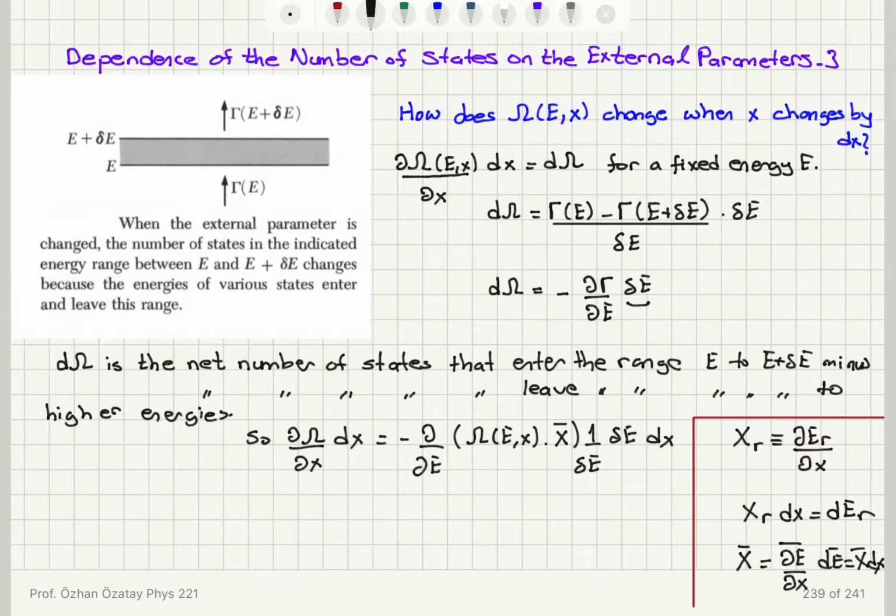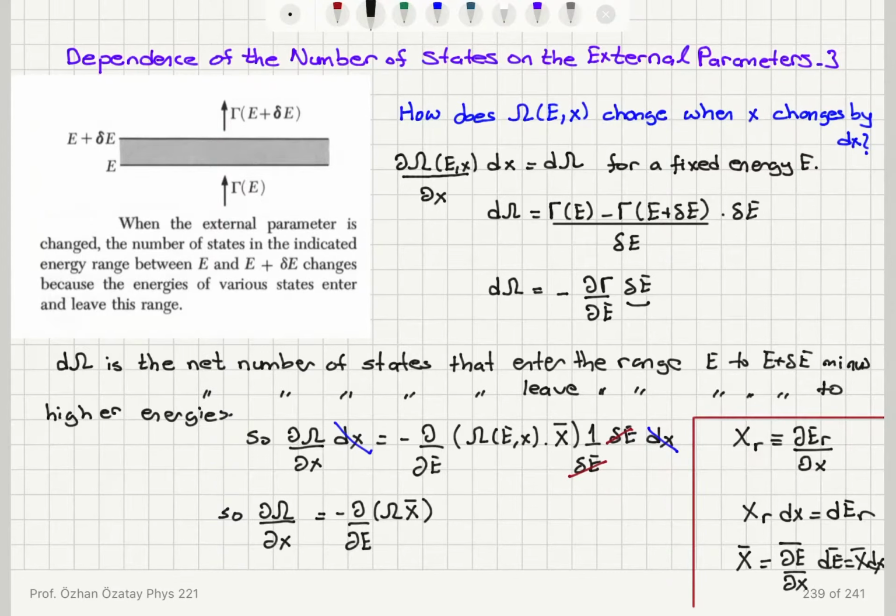So you can see that these delta E's will cancel, and these dx's will cancel, and I will be left with the derivative of omega with respect to the external parameter x equal to minus the derivative with respect to energy of omega X bar.